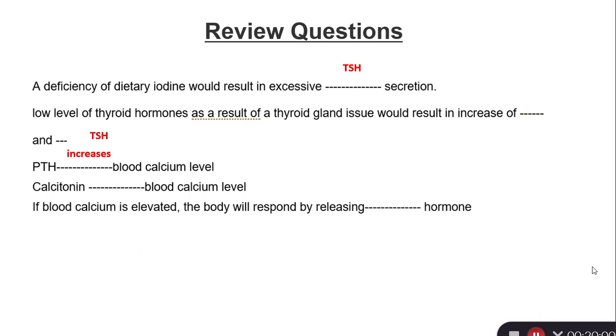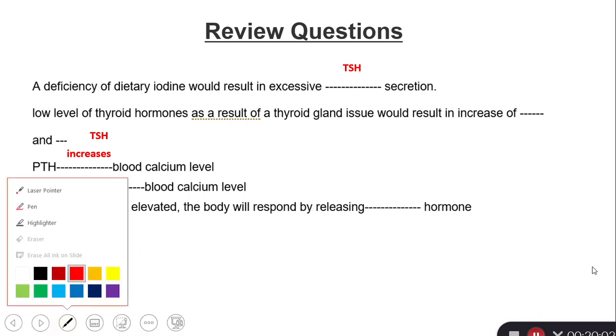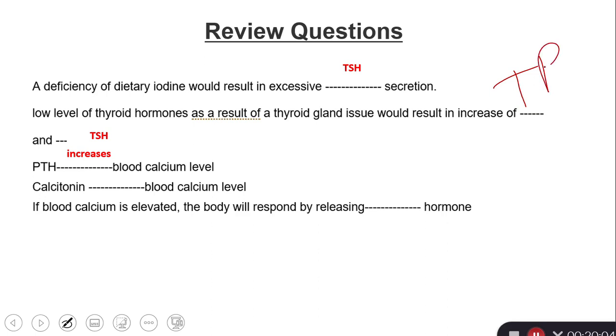So TRH comes from the hypothalamus. This increases in response to low thyroid blood level, and this stimulates the increased level of TSH from the pituitary gland.